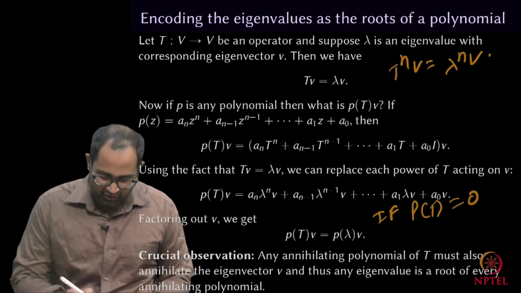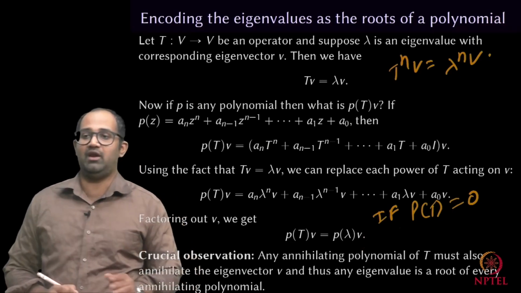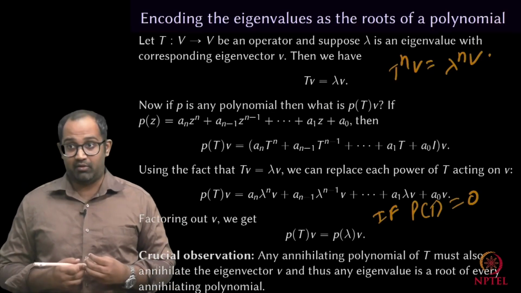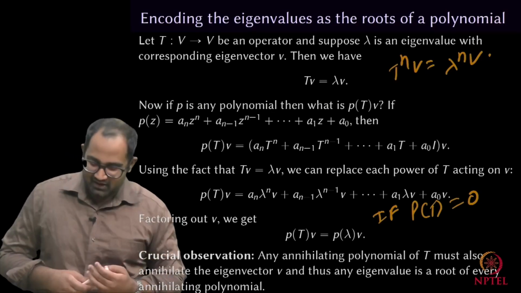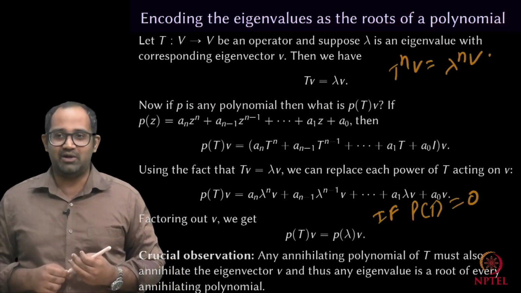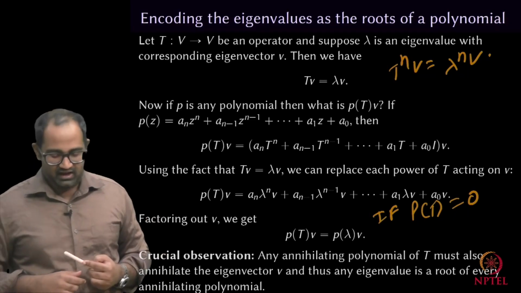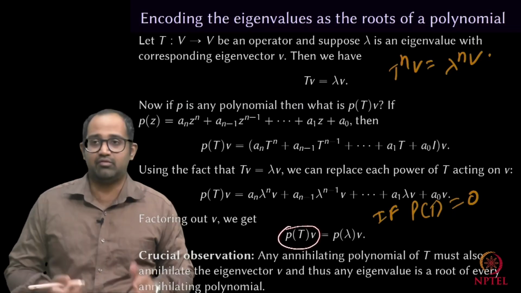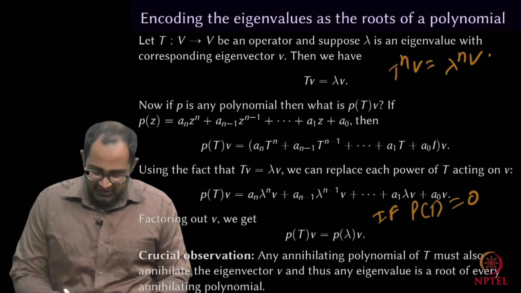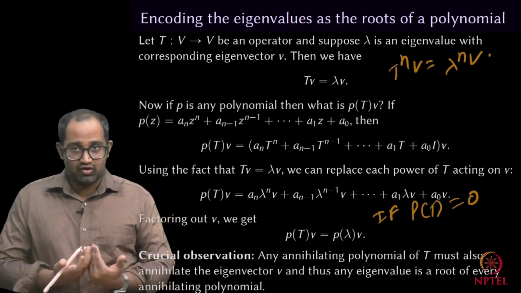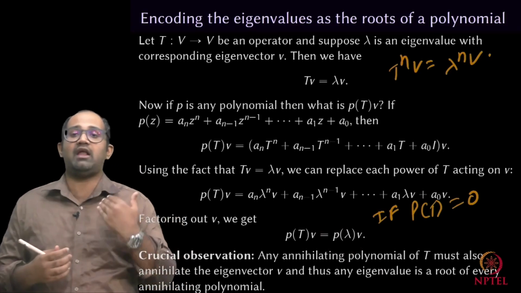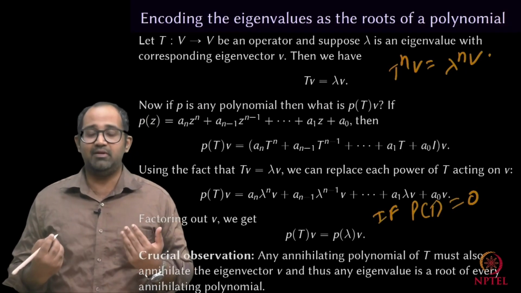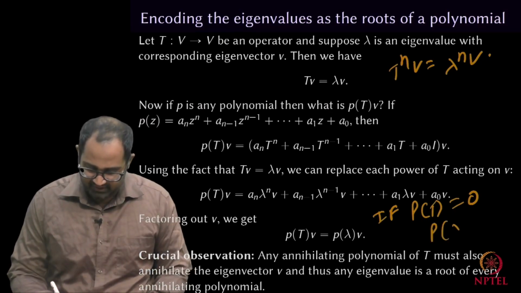We say that the polynomial P is an annihilating polynomial of T. If P of T happens to be 0, then P is said to be an annihilating polynomial, or we use warfare language, we say P annihilates T. So if P annihilates T, then P of T applied to v has to be 0, because P of T is 0, which is equal to P of lambda v. But v is not 0, because v is an eigenvector and we do not allow eigenvectors to be 0. The only conclusion that we can get, the only possible way that this can all happen, is if P of lambda is 0.